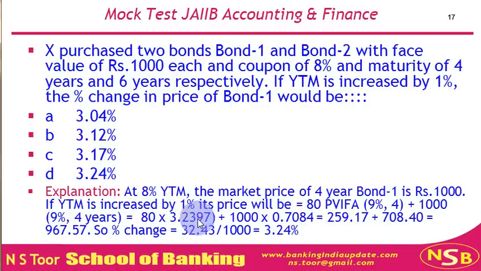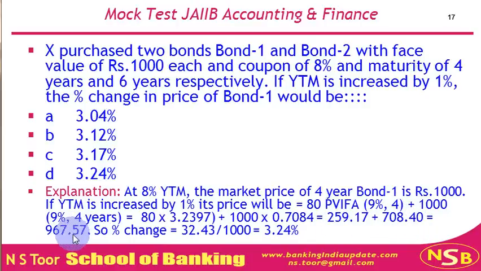So these factors are available in the factor value tables. So we have taken the values, now we can make the calculation. So 80 multiplied by this value gives us 259.17. 1000 multiplied by this value gives us 708.40. So we add up the amounts.